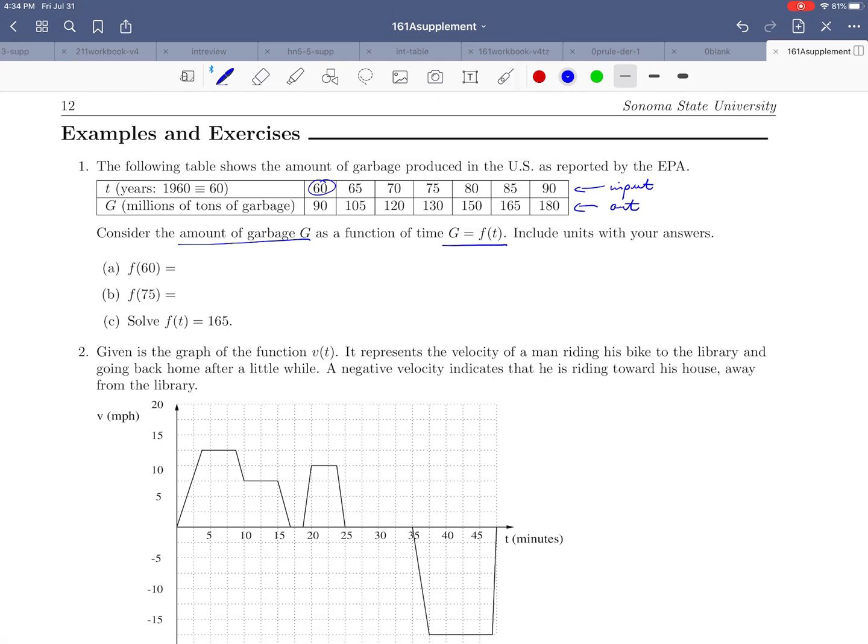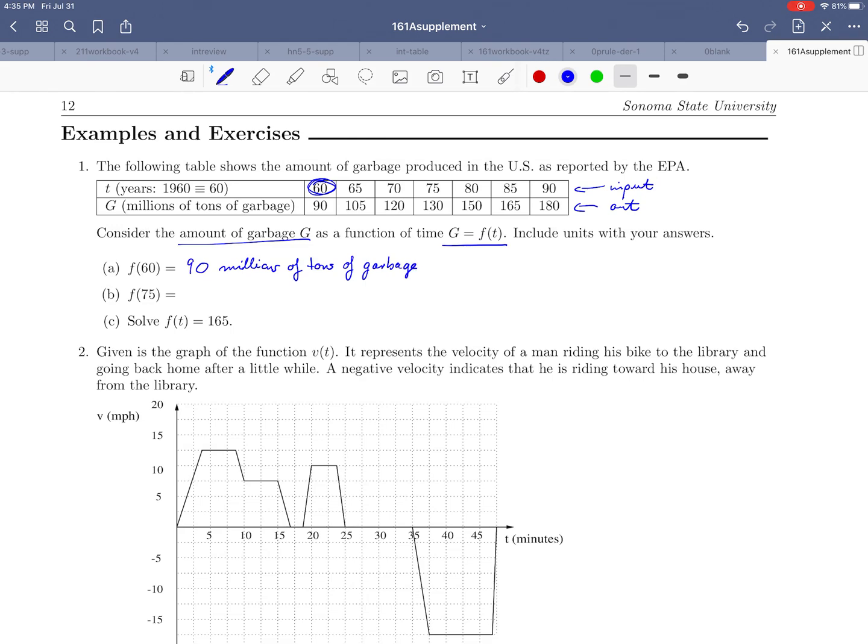And they're asking us what's f of 60. We've used tables before, and so we can just go up to the table, and our input is 60 and it has output 90. So we get that f of 60 is 90. Now that 90 has units associated with it: millions of tons of garbage.